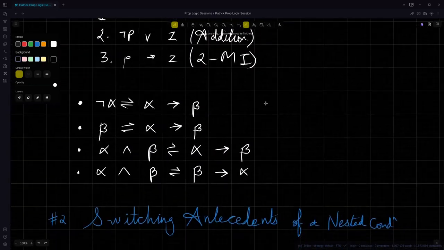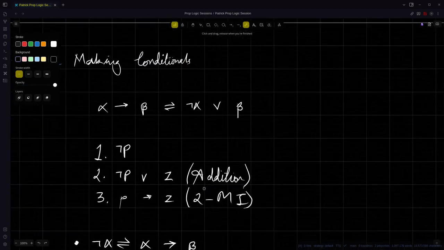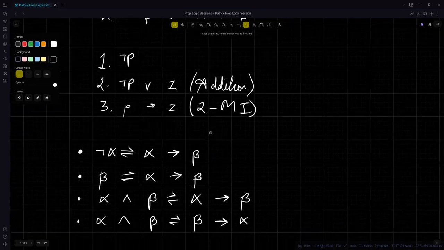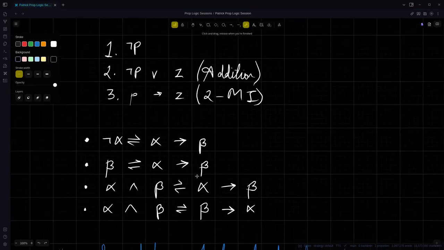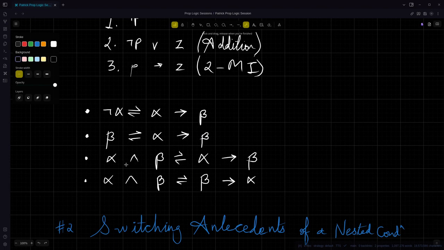These are the tricks, right? Oh yeah, that was the biconditional. No, this is the making conditionals. So if alpha and beta are true, then alpha implies beta is true. If alpha and beta are true, then beta implies alpha is true.